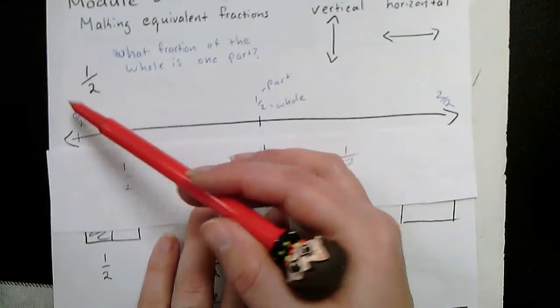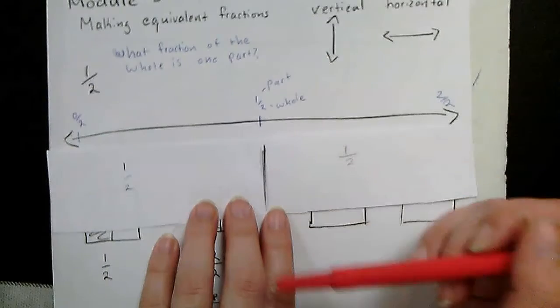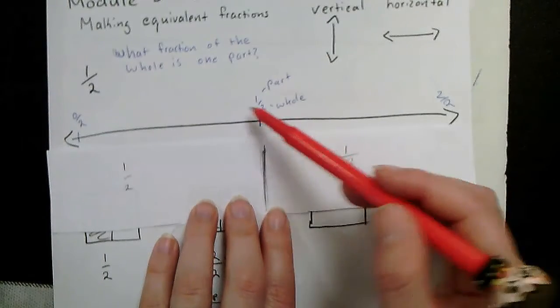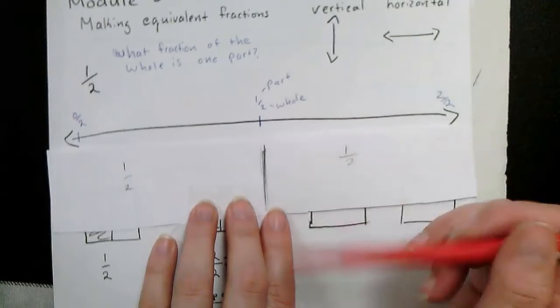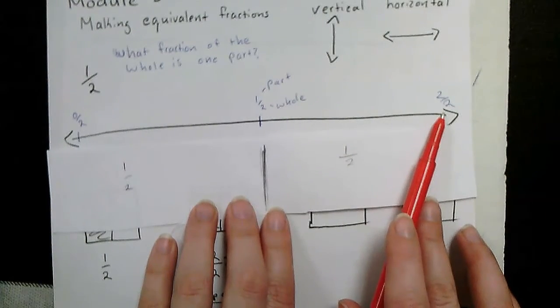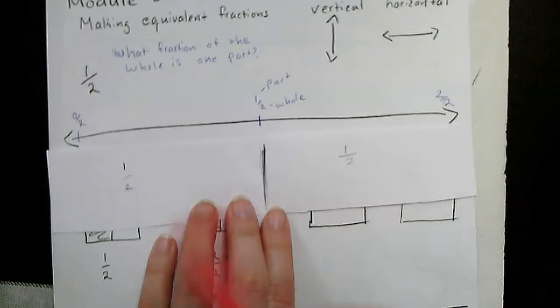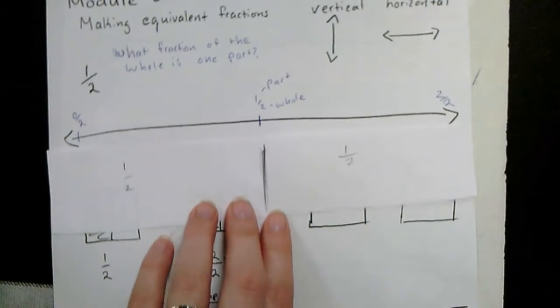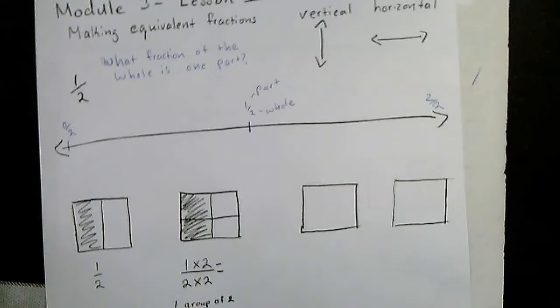So I have 0 halves because it takes me 0 halves to get to this part. My midpoint, or the middle of my number line, takes me 1 part, so 1 half, to get to the middle of my line. Now over here, it takes me 2 parts, or 2 halves, to get to my whole, which is my whole number strip.